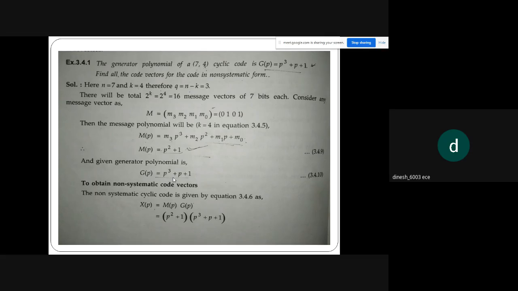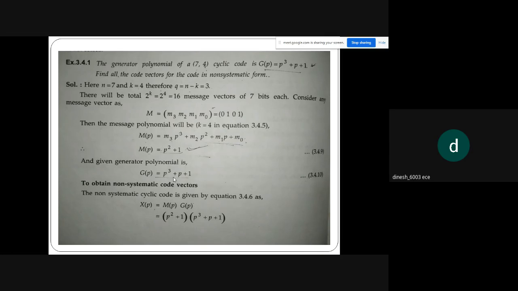So now in the question, we need to find code vectors in non-systematic form. So the non-systematic form code vectors can be obtained by the relation X of p is equal to M of p into G of p.